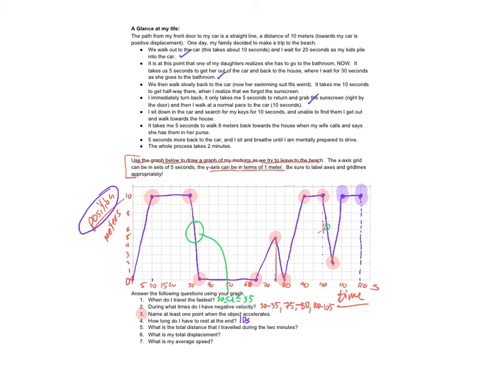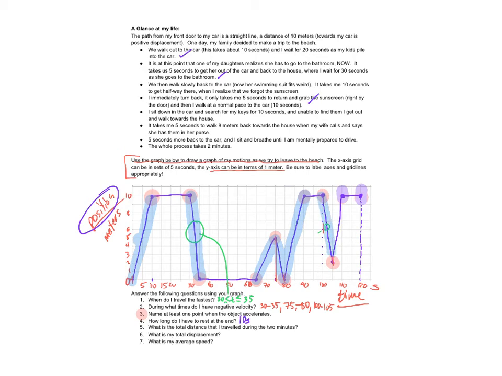What is the total distance I've traveled during the 2 minutes? Okay, well, let's add it up. Let's figure out how far I traveled. Well, I traveled 10 meters here and then 10 meters back to the house, so that's 20. And then I go 5 and 5 again, so that's 20, 25, 30. Then I go 10 back to the car, so that's 40.